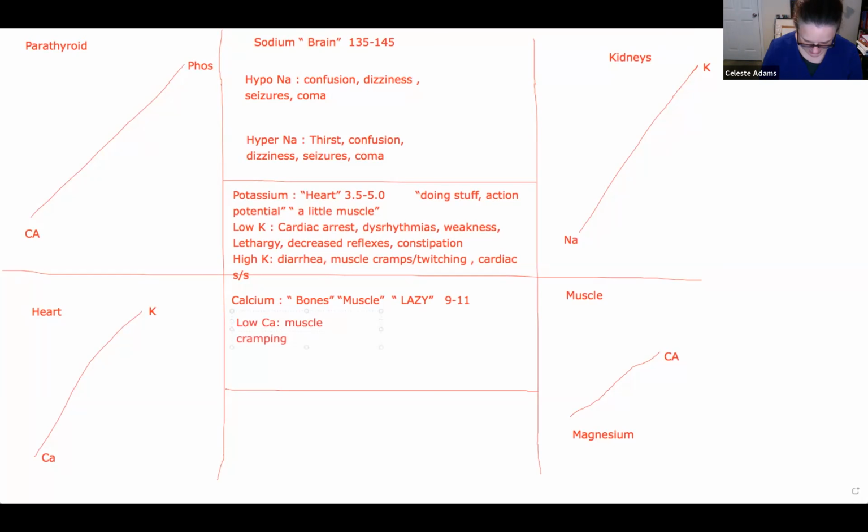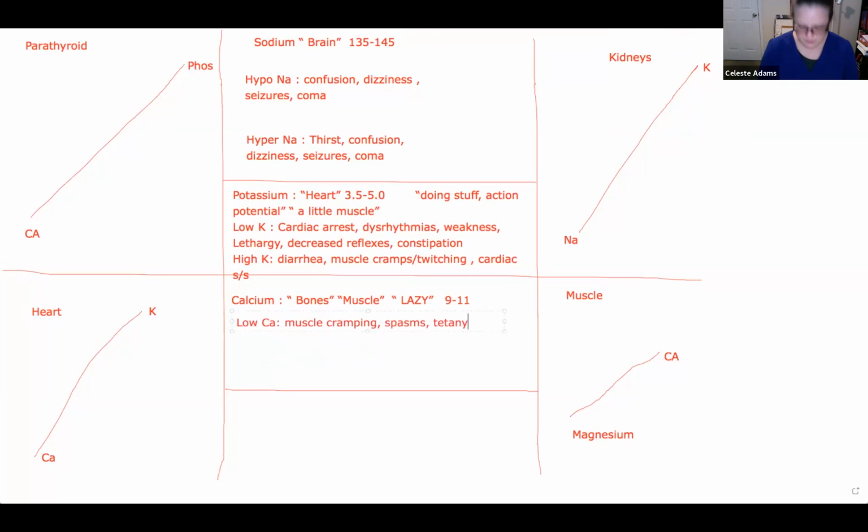We are going to have tight muscles, muscle cramping, muscle spasms. We're going to have our tetanies.